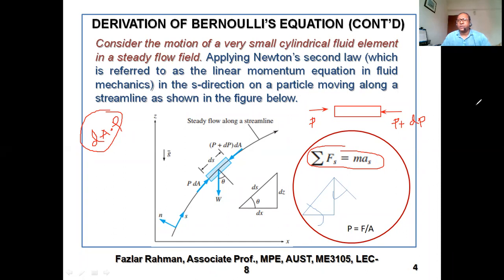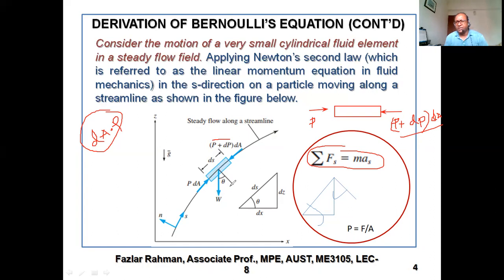Now, this value of dP might come out negative. That means this side's pressure is low. So for simplification, we consider the pressure on the right side as P plus dP. How much will be the force on the right side? Pressure into dA, P plus dP into dA. That is shown right over here.